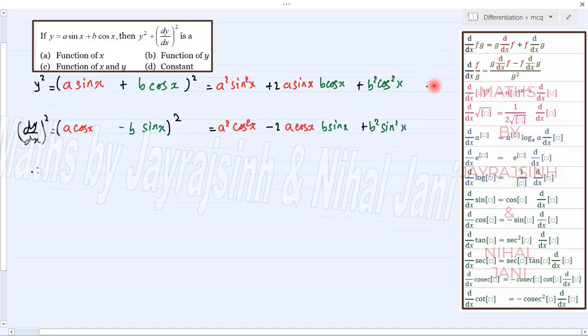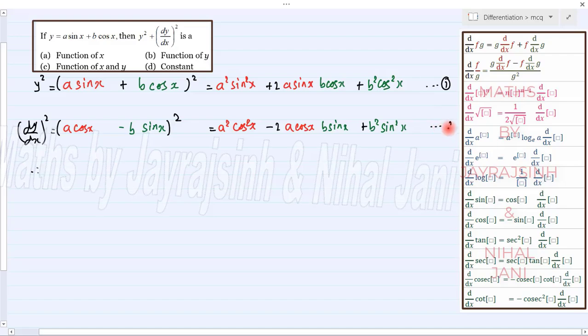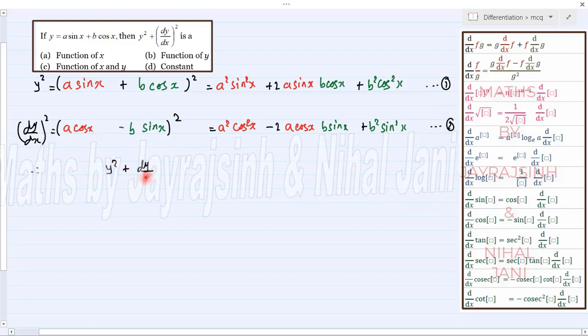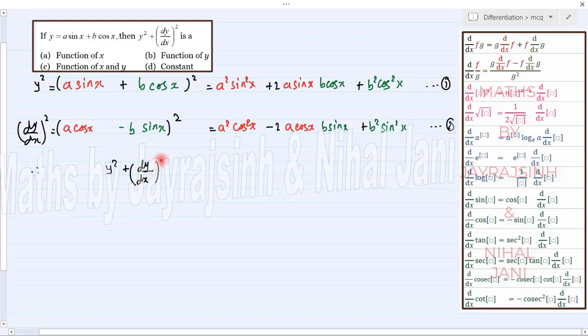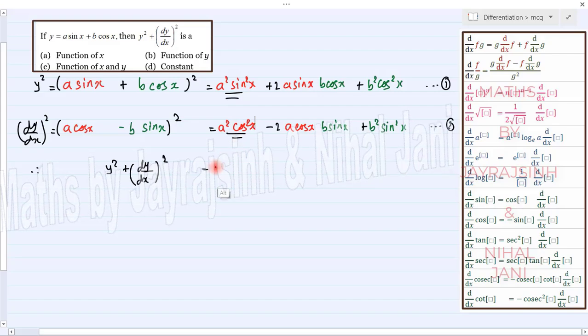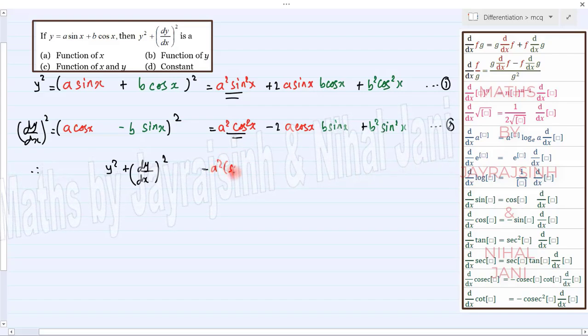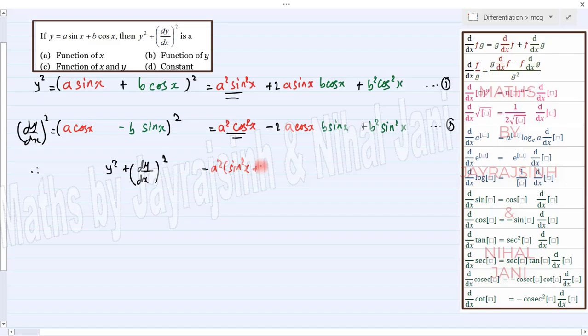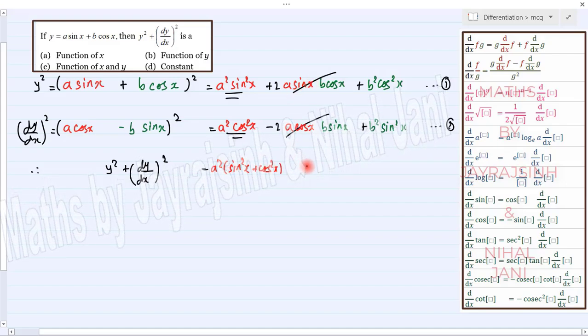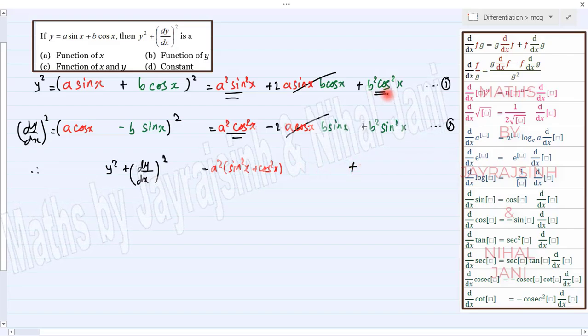So if we add equation number 1 and 2, we will get y square plus dy by dx the whole square is equal to, from first two terms, let's take a square common. So we will get sin square x plus cos square x, and this plus and minus 2 a sin x b cos x will cancel out, and from last two terms we can take b square common.